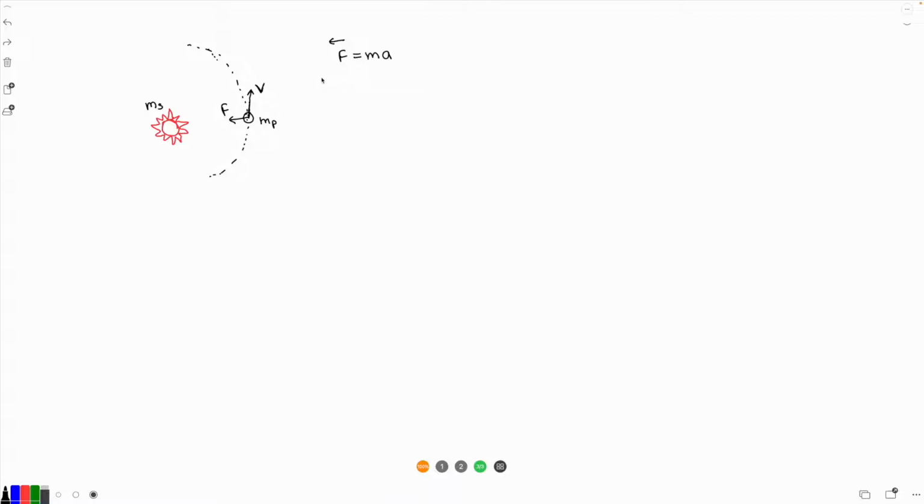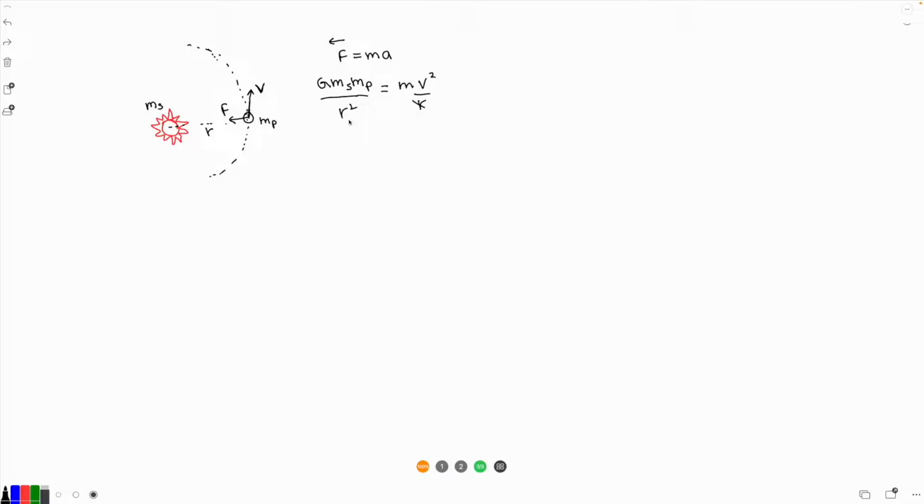According to Newton's law, I am going to write it as G ms mp divided by r squared, where r is the distance between sun and this planet, equals m times the centripetal acceleration. So the centripetal acceleration I can write as v squared over r.